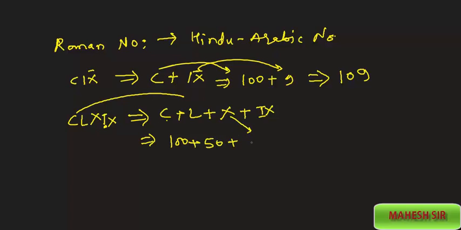So it becomes 100 plus 50, 150, plus 10 plus 9, that's 19. So it becomes 169.